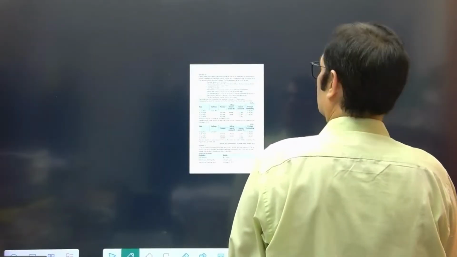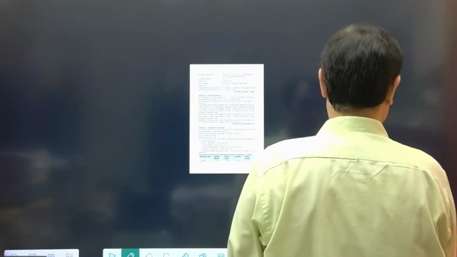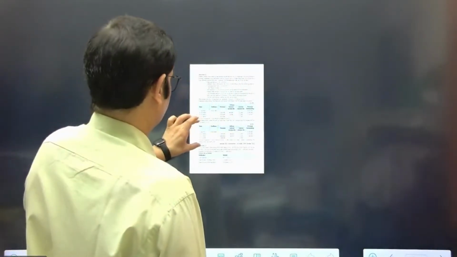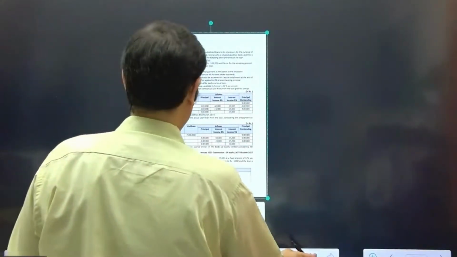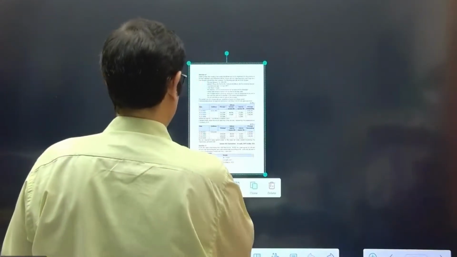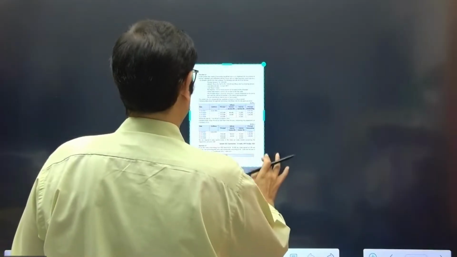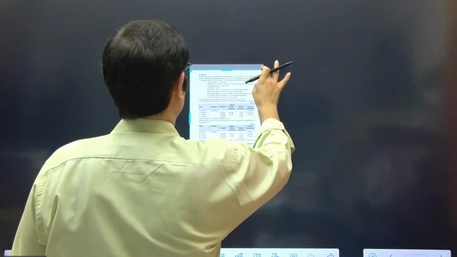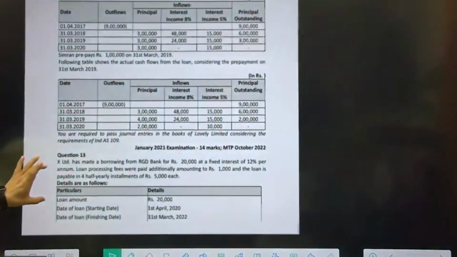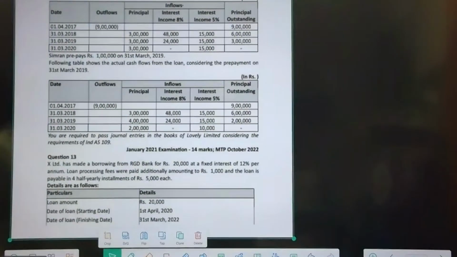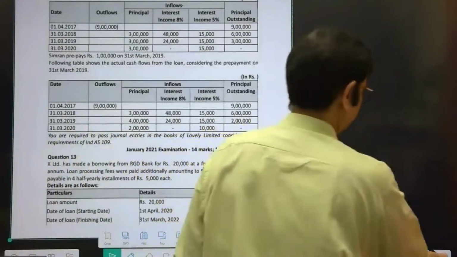There is another interesting question which is also in the study material. I'll probably zoom it across. We're looking at question number 13. I hope it's visible.